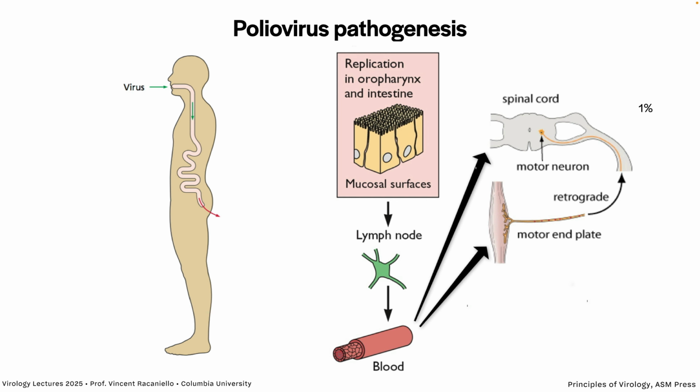You shed a lot of virus, and that's how you could pass it on to someone else. But in 99% of infections, you have a transient fever, muscle ache, and that's it. In 1% of people, the virus enters the muscle, goes to the central nervous system, and destroys the neurons, and that causes the paralysis. But only 1% of people.